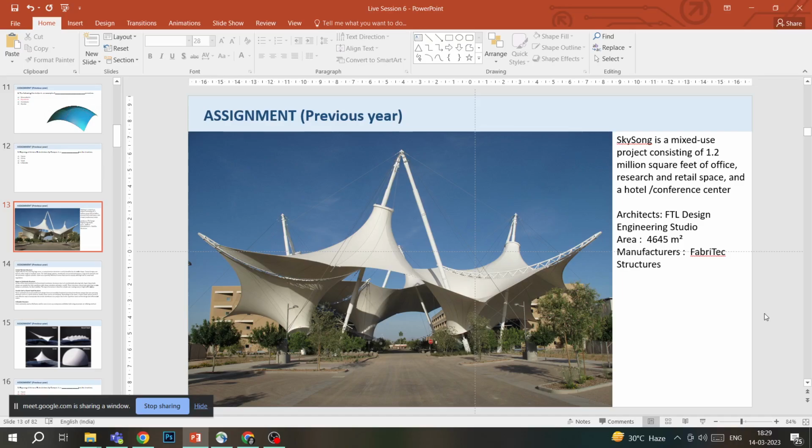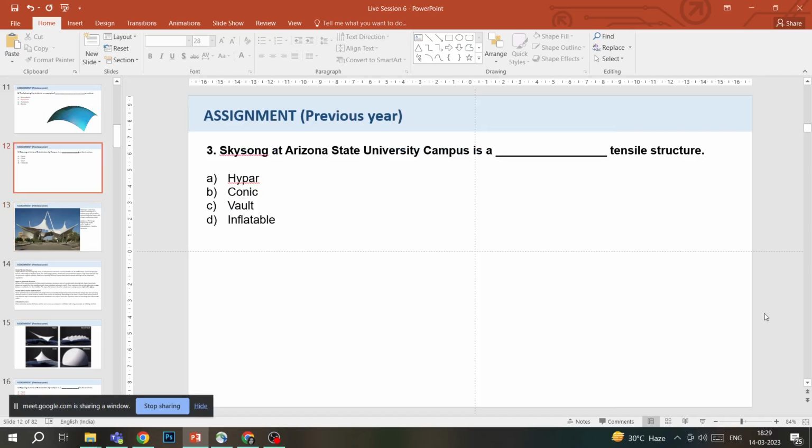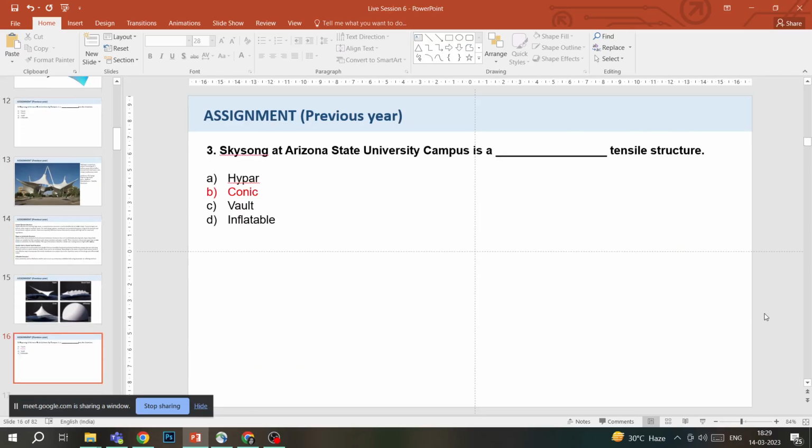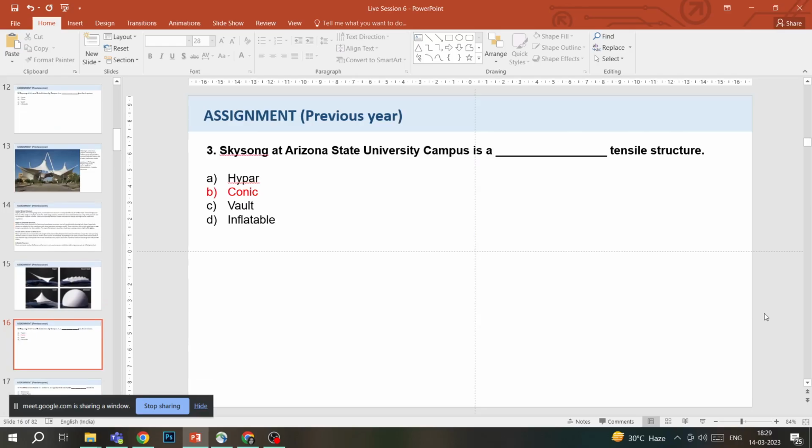Although this has a curvature and different angles, it is not hypar because hypar does not have a cone looking structure, and this has various cone looking structures. So this is definitely a conic tensile structure. So the answer would be conic.